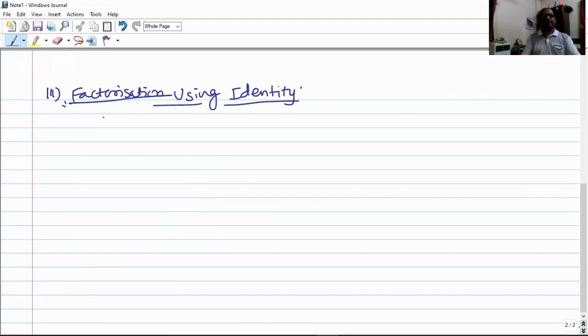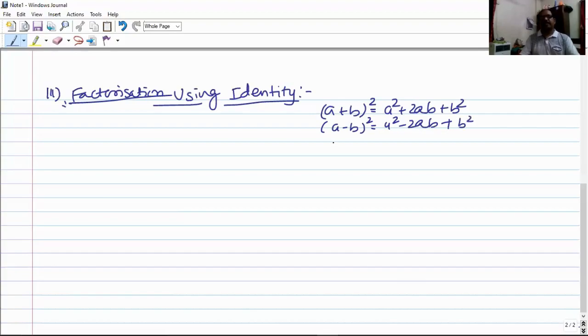How many identities have we seen? We have seen the identity of a plus b the whole square. What is a plus b the whole square? It is equal to a square plus 2ab plus b square. The second identity we have seen is a minus b the whole square. It is equal to a square minus 2ab plus b square.